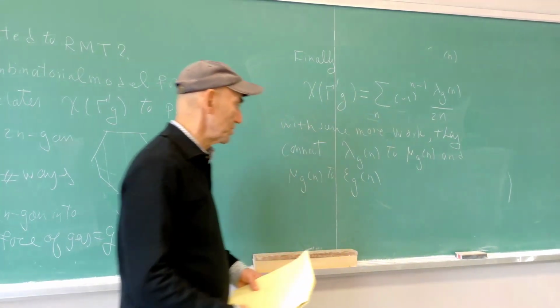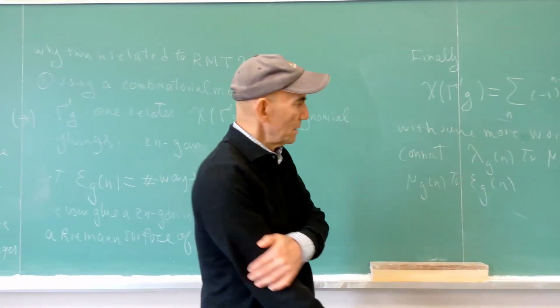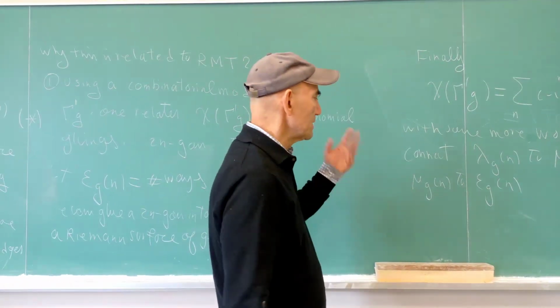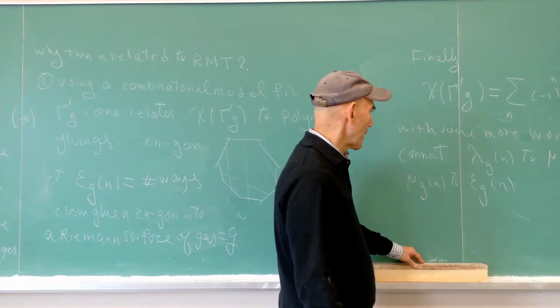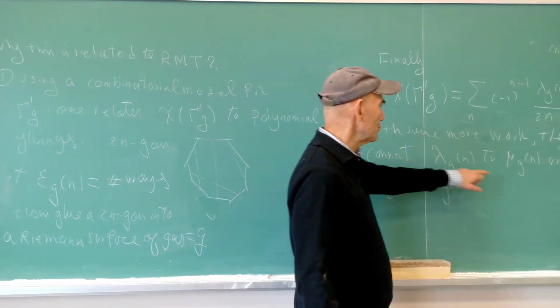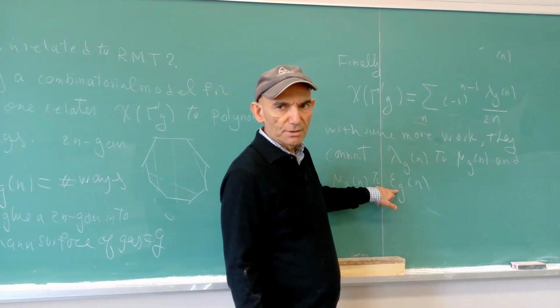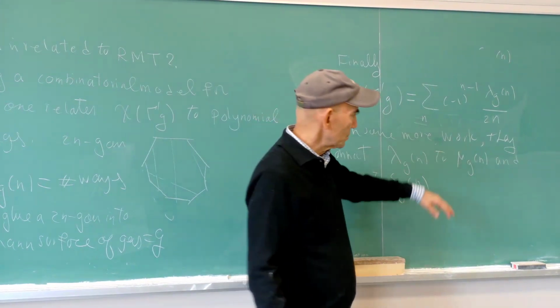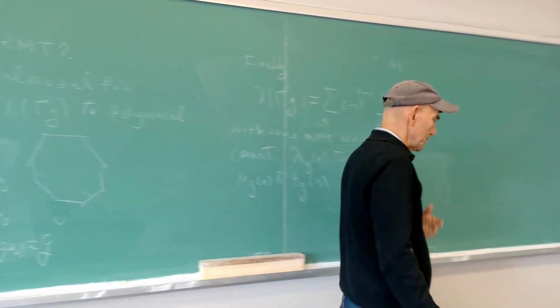I mean, it still is ingenious, but it's not terribly difficult, but it is difficult, really. They relate these lambda_{g,n}'s to mu_{g,n}'s and mu_{g,n}'s to epsilon_{g,n}'s. So this mu is like an intermediate step.